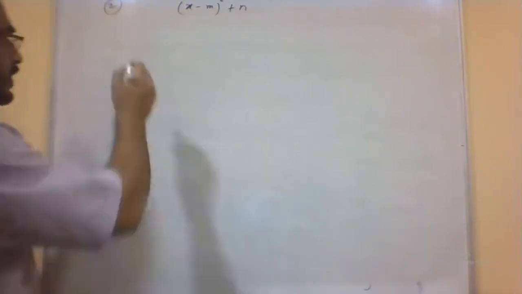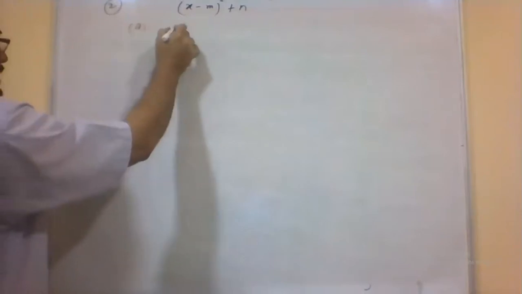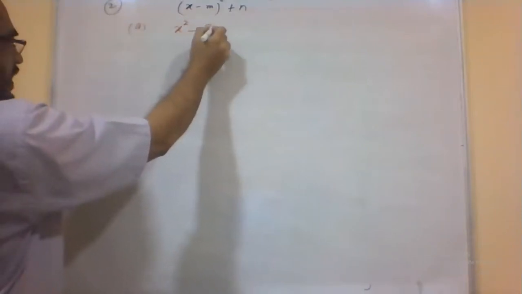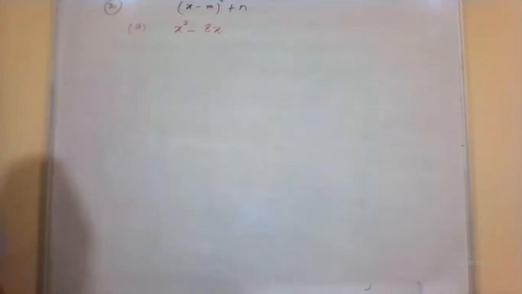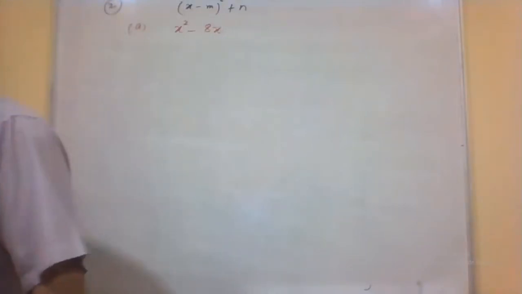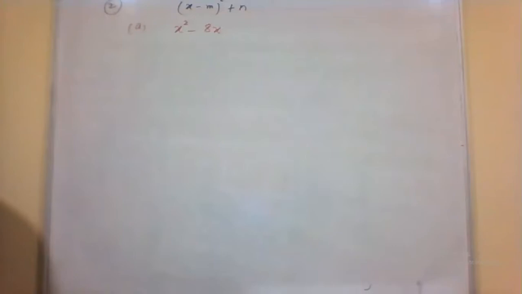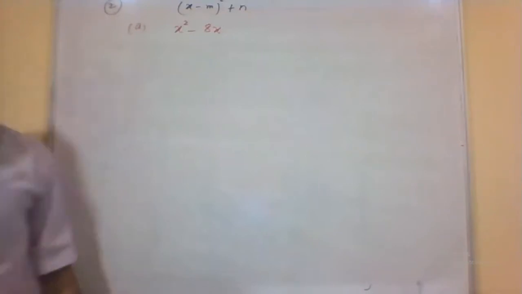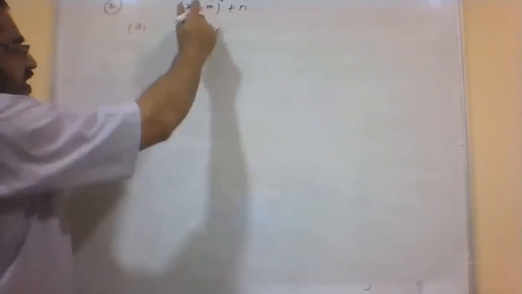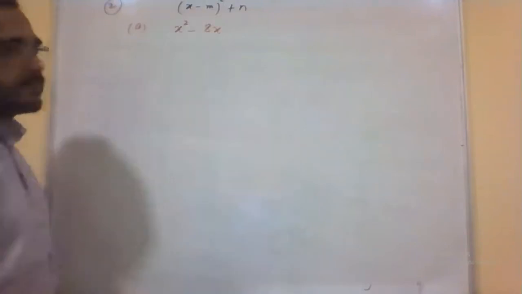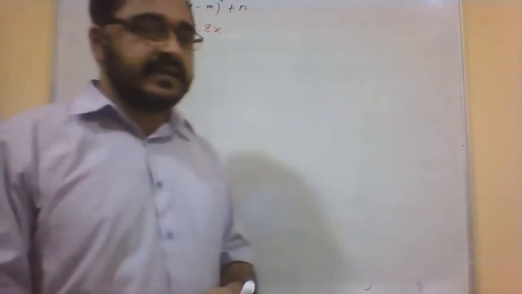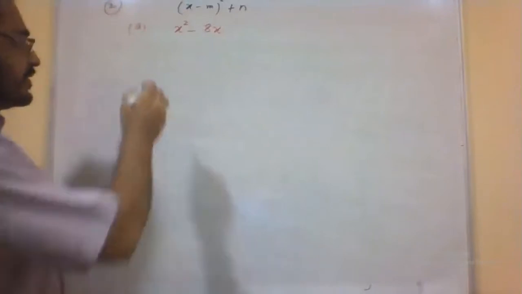First part here, part A, is x square minus 8x. How we can convert in this form, as this is x minus m whole square, meaning the perfect square? We will convert it into a perfect square.